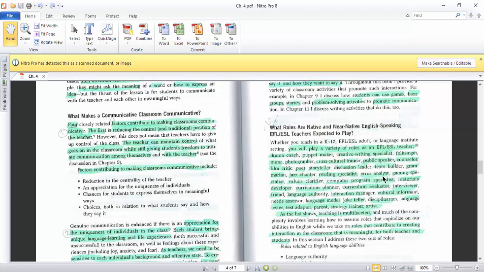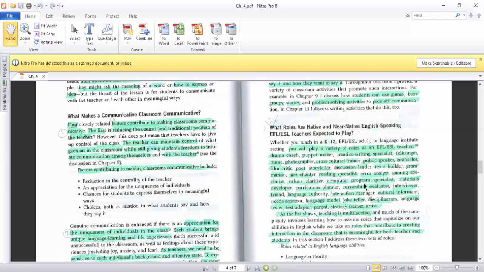specialist, error analyst, gaming specialist, values clarifier, computer program specialist, material developer, curriculum planner, curriculum evaluator, interviewer, friend, language authority, interaction manager, cultural informant, needs assessor, language model, joke teller, describer, language tester, text adapter, parent, strategy trainer, artist.